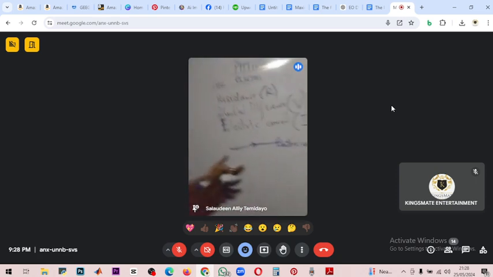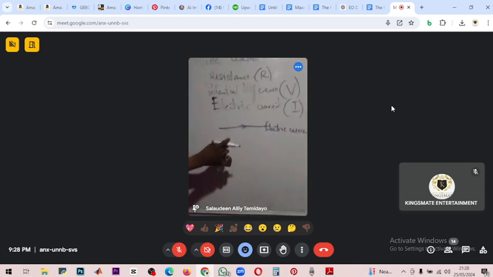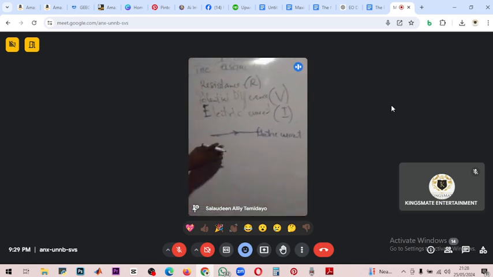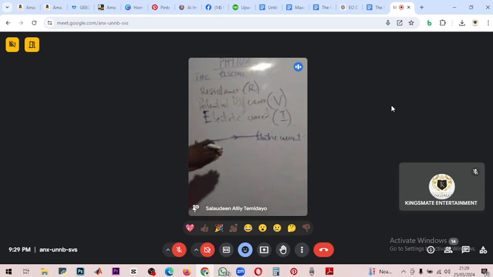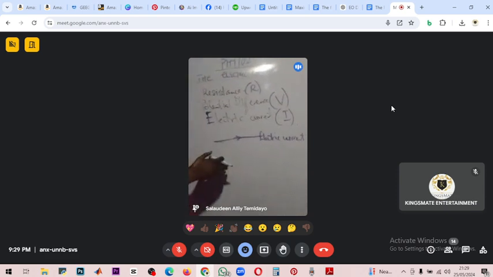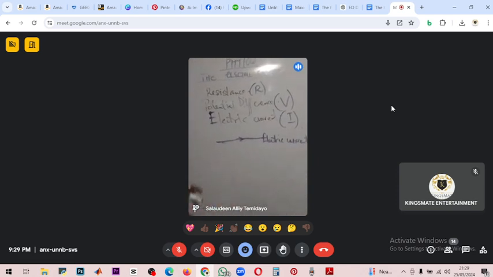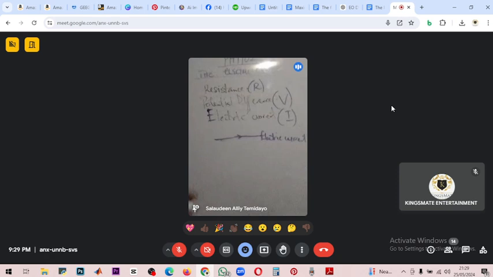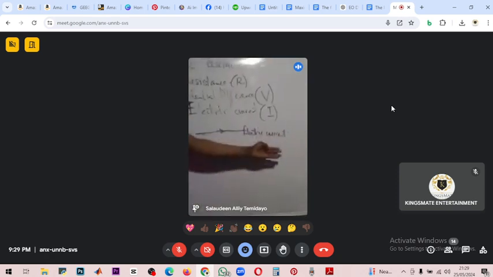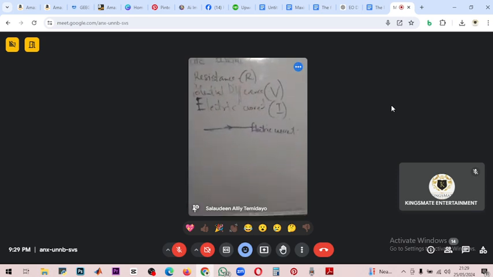That is why a charge that is static, a charge that is at a particular place, we call it static electricity. That is electrostatic. But a charge that is moving, we call it current electricity. That is electric current.